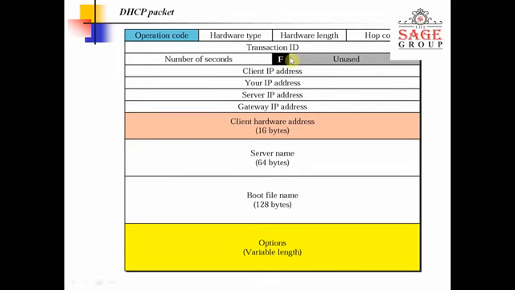F is a bit, a finish bit, that is used to connect things. After that, unused. In future we can use these unused bits. Again a 32-bit IP address. As we already know, IPv4 contains a 32-bit IP address. This is the packet format for IP address version 4.